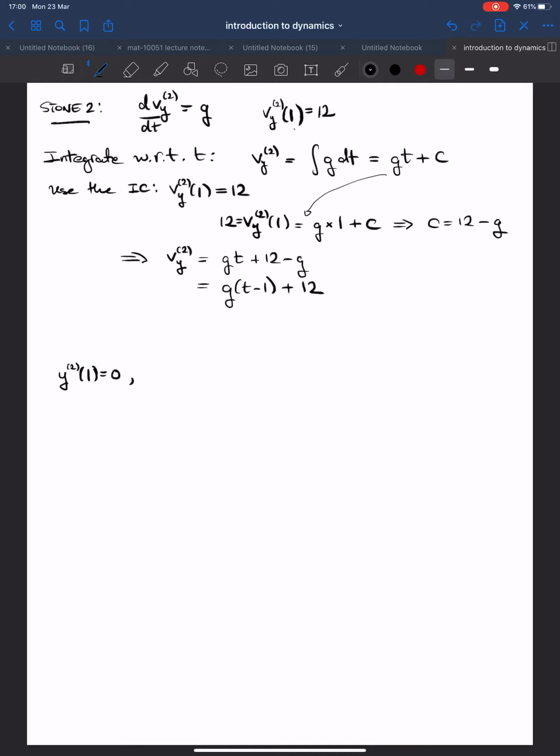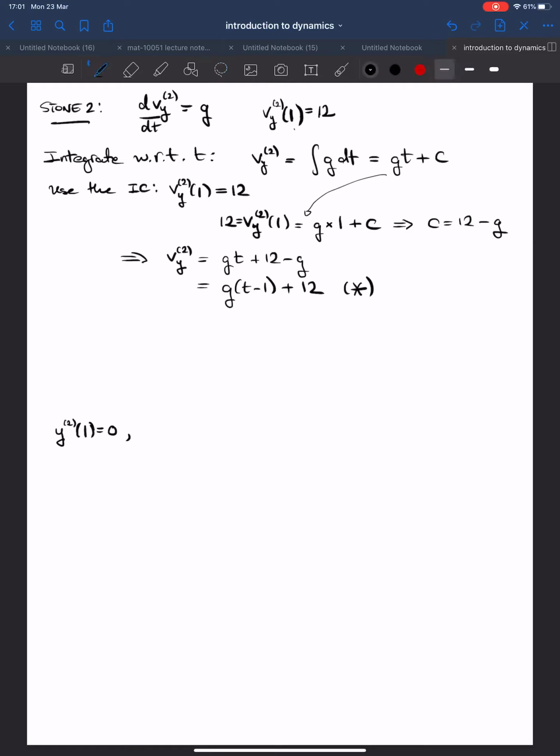Now, clearly, from this second representation, that I mark with a really heavy star there, fat star, this satisfies the initial condition. If I put t equals 1, you can see that automatically the velocity at t equals 1 drops out as 12, which is good news. I can also differentiate star with respect to t, and I can get the equation that we started with, which is dvy2/dt equals g.